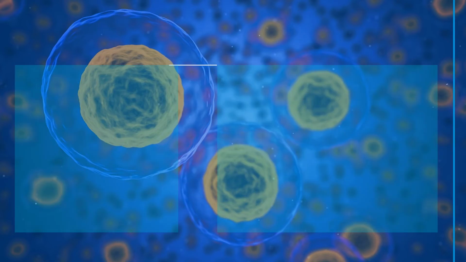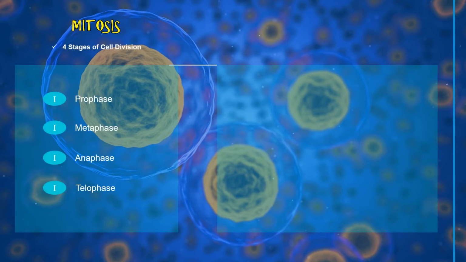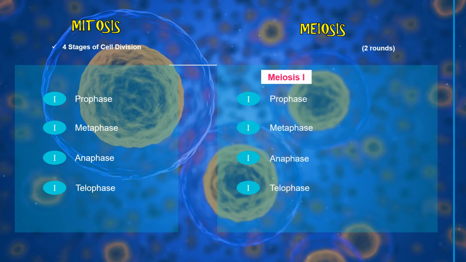Now let's move on to the next difference. But before that, let us know how many stages of cell division mitosis and meiosis have. In mitosis, there are four stages, while meiosis involves two rounds of cell division. These are meiosis 1 and meiosis 2.